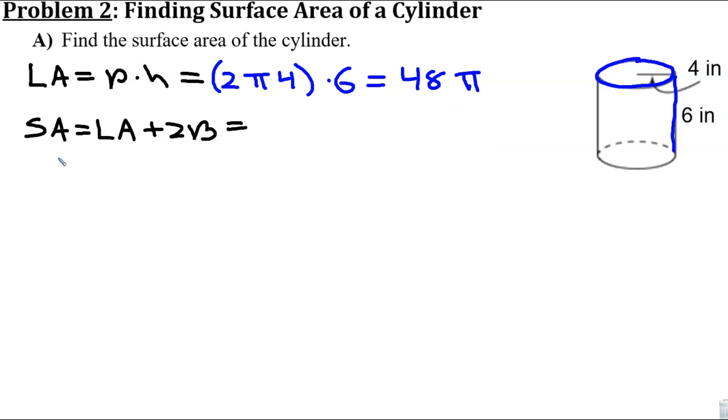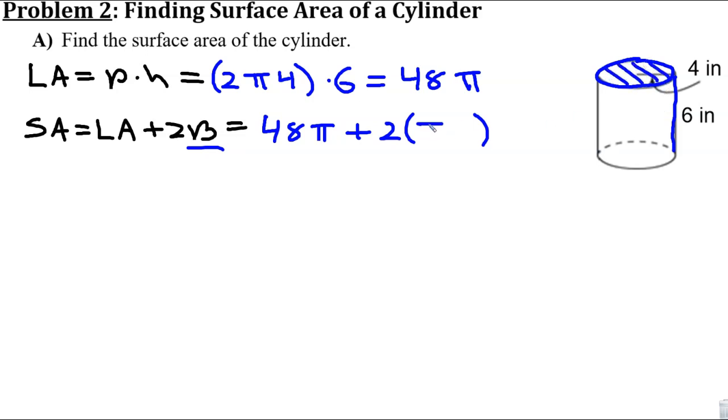And then my surface area, once again, is my lateral area plus my 2 bases. So I have the lateral area, 48 pi, plus 2 for the area of the base. And again, for this B, we're going to use whatever area formula we need for the shape we're dealing with. Here it's a circle. Now I want to find the area of the circle.